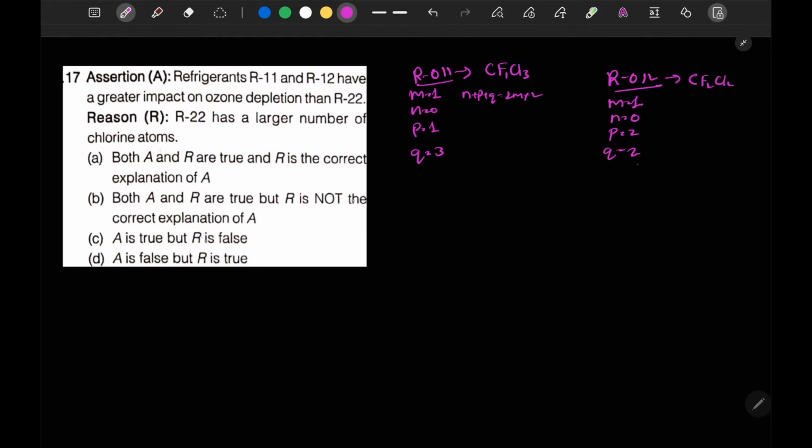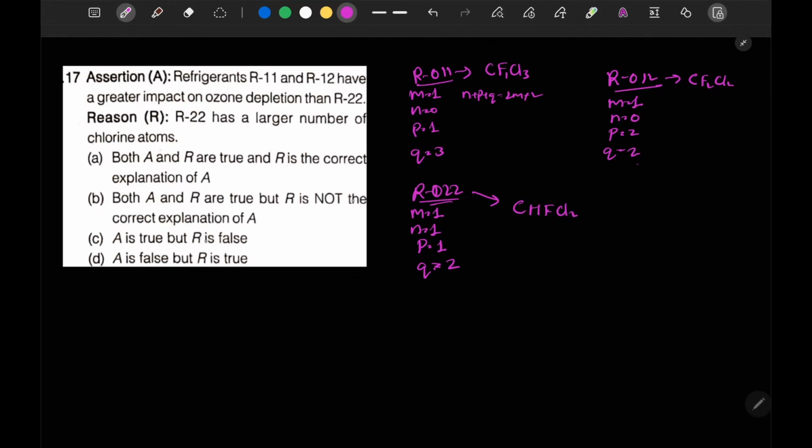Now if we talk about R22, in this case we obtain M is equal to 1, N is equal to 1, P is equal to 1. So we get Q is equal to 2. For this we can write the formula as CHFCl2.